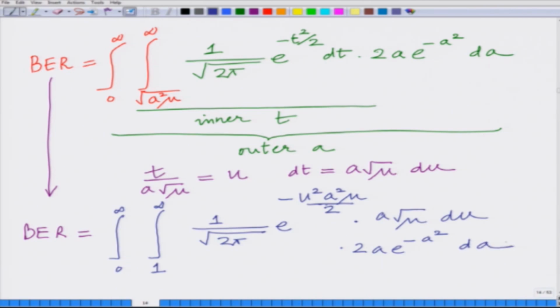So, now I have this modification using the substitution t divided by A square root of mu is equal to u. I have this modified double integral.